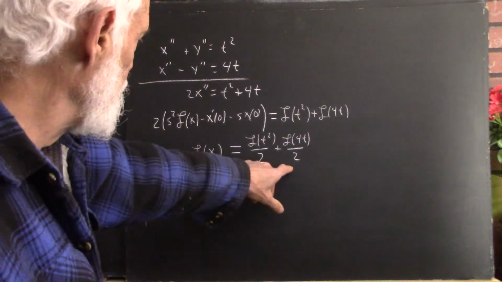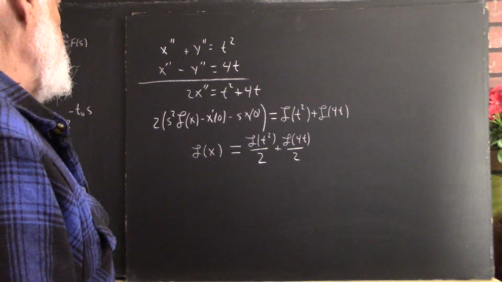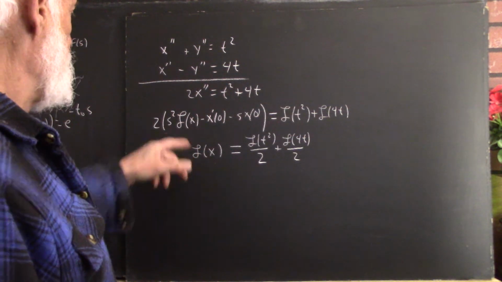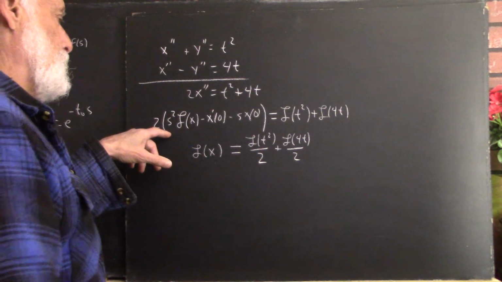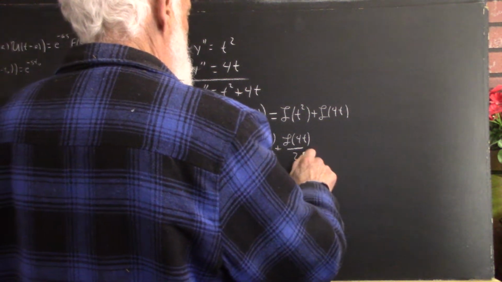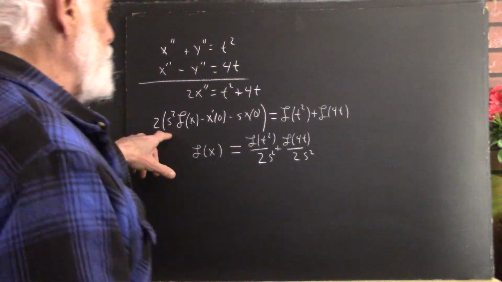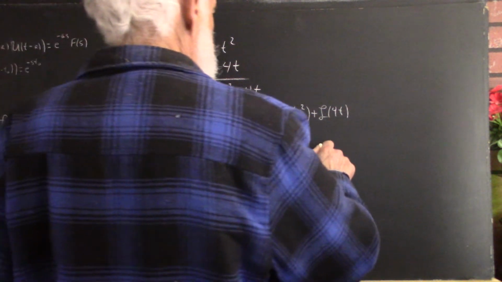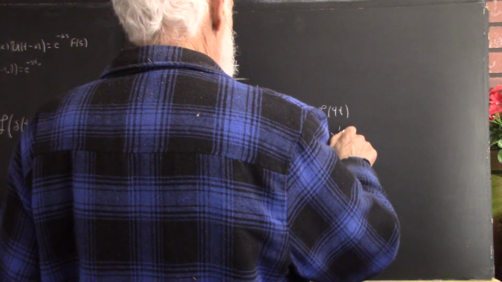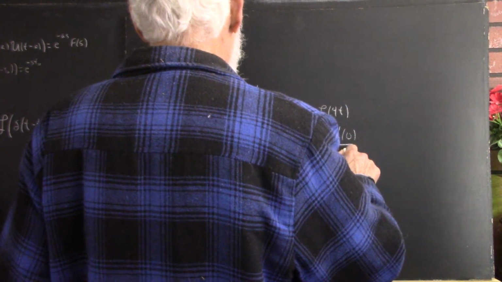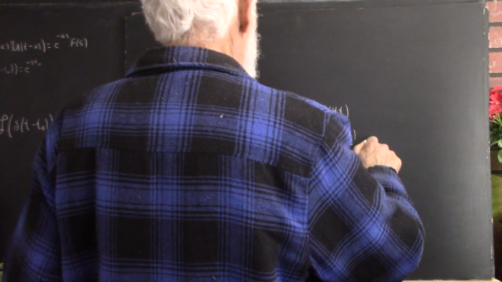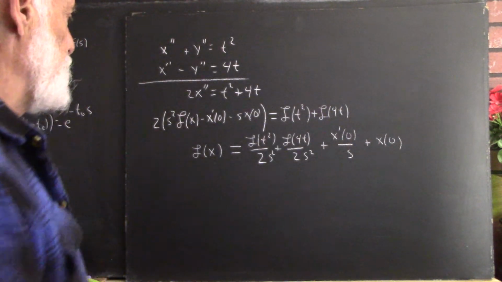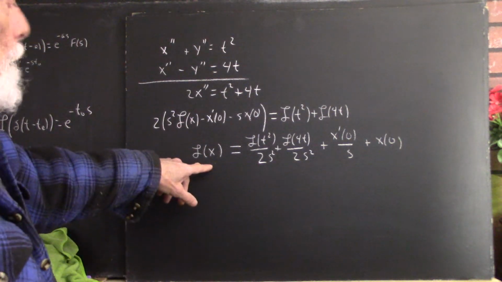It's easier and easier to make mistakes. Okay. So we're going to get that just by dividing both sides by 2. And then we've got to also divide by s squared, so 2s squared. And then we're going to have x prime of 0 over s plus x of 0. That's going to give us our Laplace transform of x.